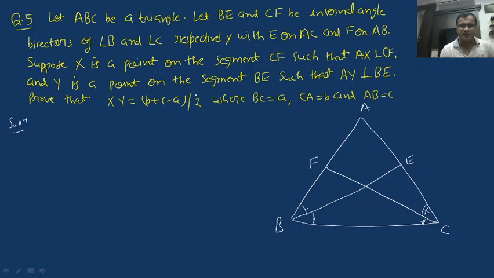Suppose X is a point on the segment CF such that AX is perpendicular to CF. Draw a perpendicular from A to the angle bisector of angle C, and that foot of the perpendicular is X. And Y is a point on the segment BE such that AY is perpendicular to BE.